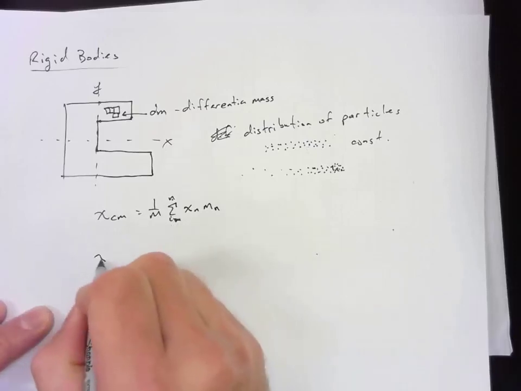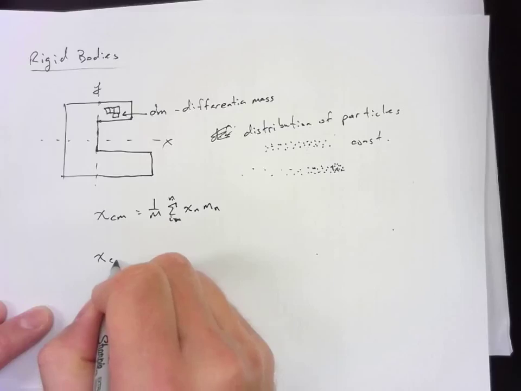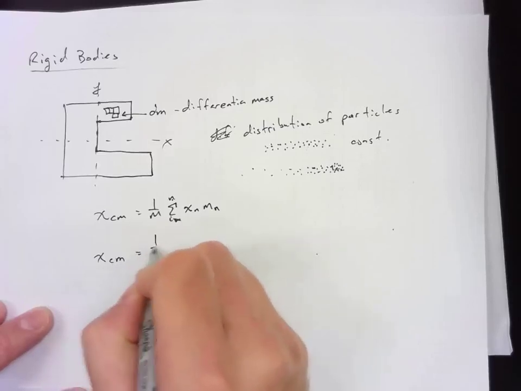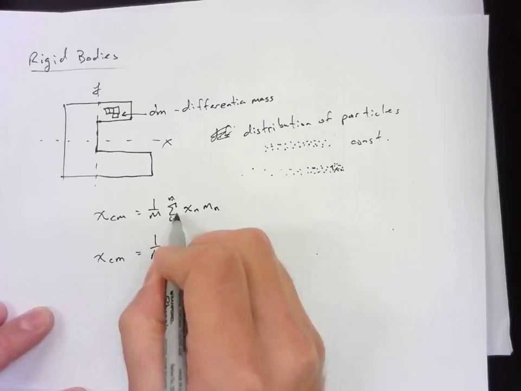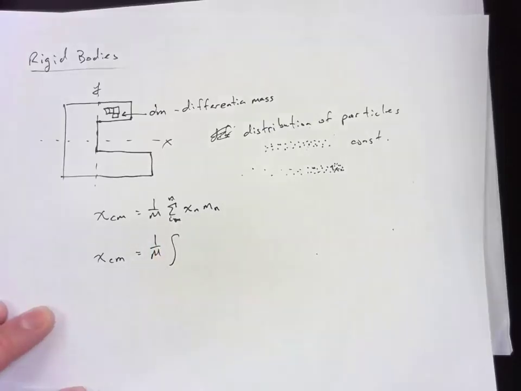If we integrate, we have an infinite number of particles. So the sum turns into an infinite sum.